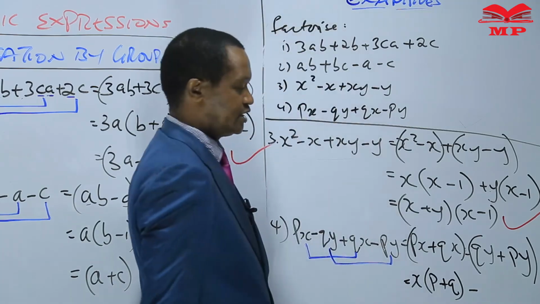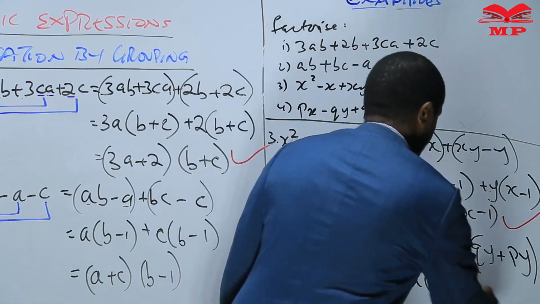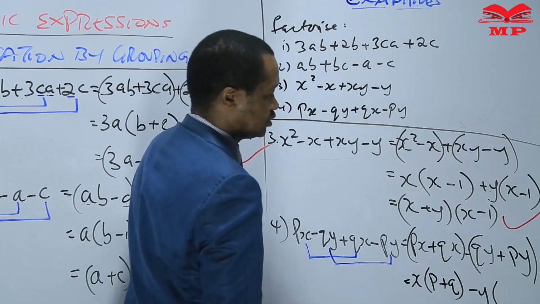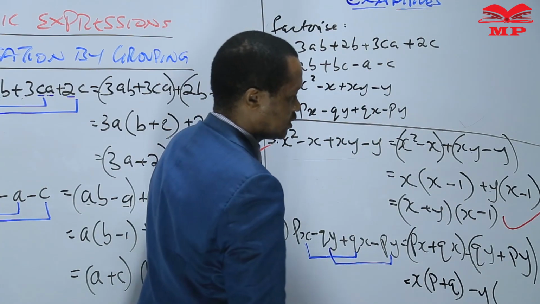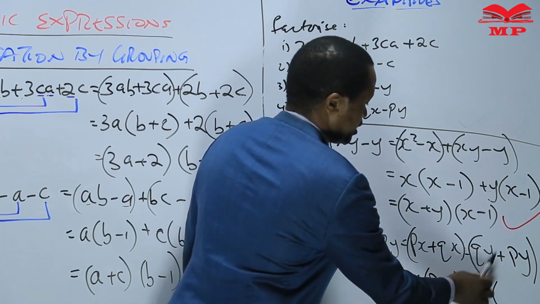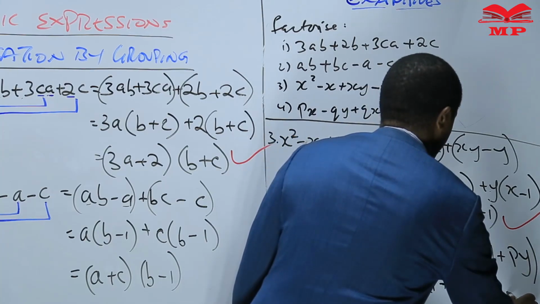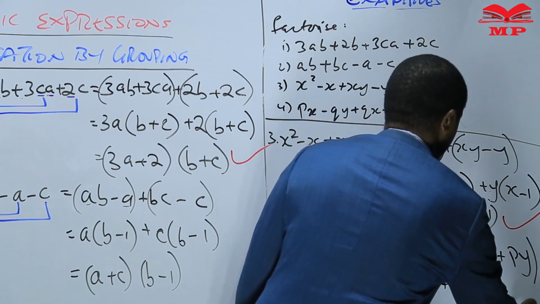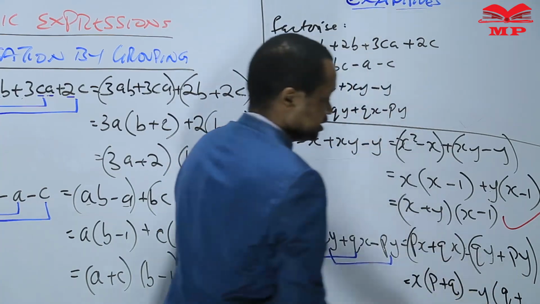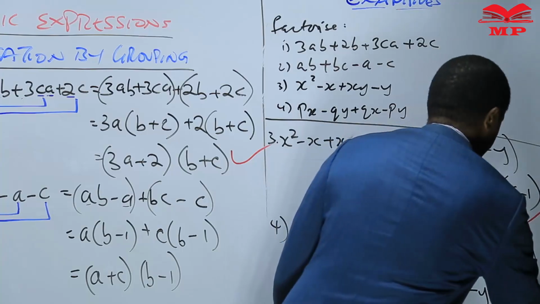Minus y is common, minus y into qy divided by y gives us q, plus py divided by y is equal to p.